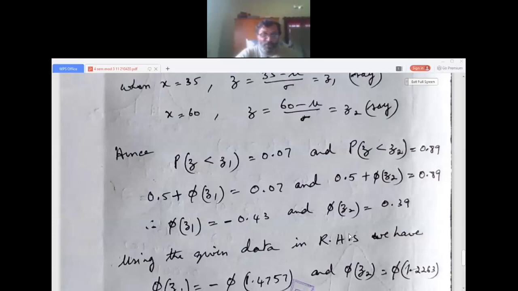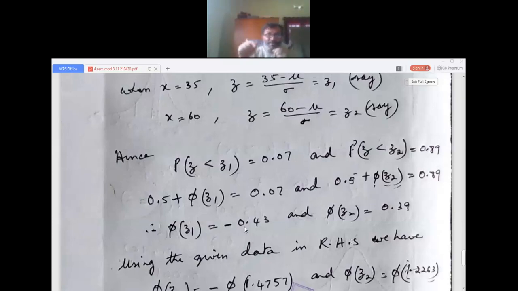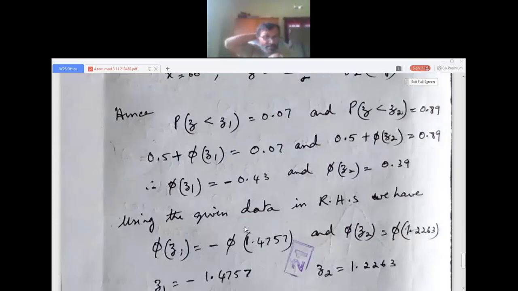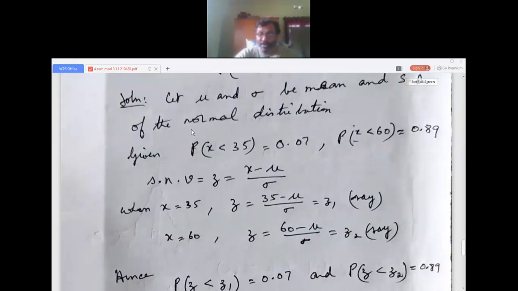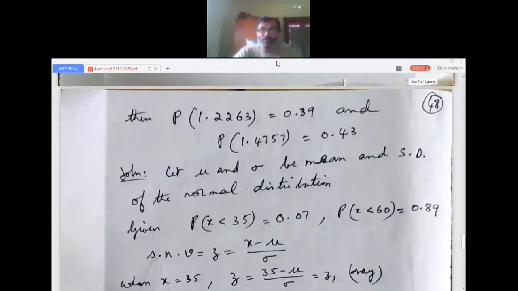Now for this you use the value given in the question. After this step, using the given data: P of 1.2263 is 0.39, P of 1.4757 is 0.43.